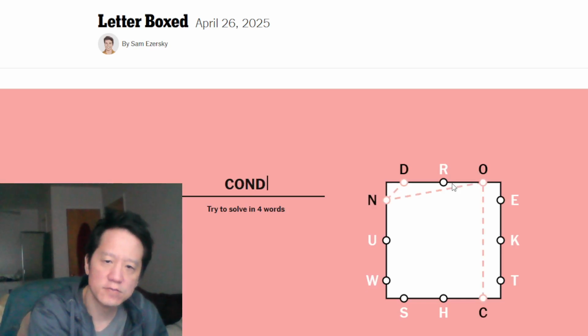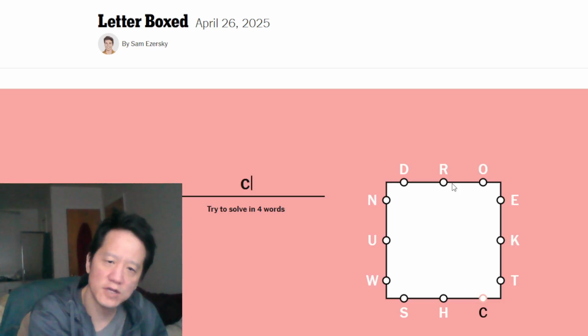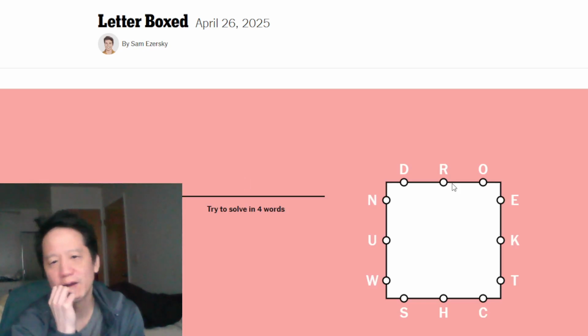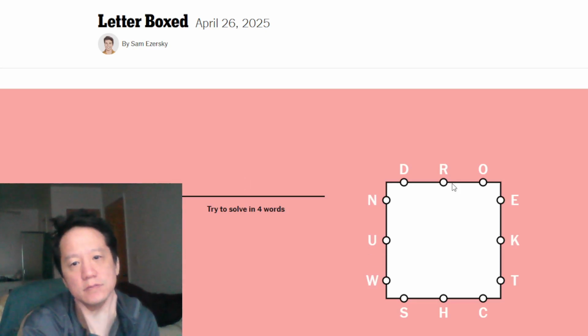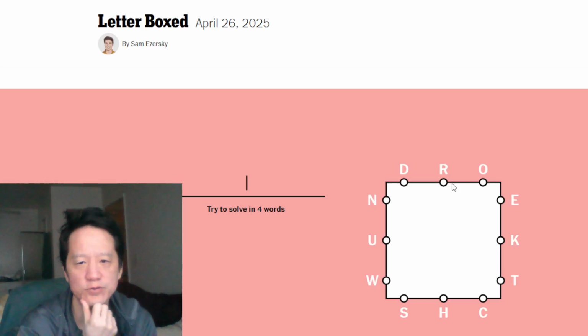Cond doesn't really work. It's not a really word. Con, you can't even get to counter. So how are we gonna get N and D too? You can't get OR, so thorn is removed.